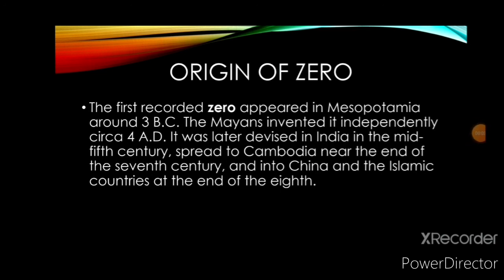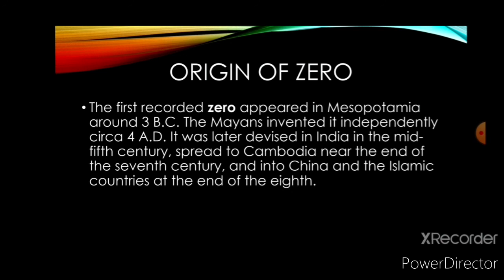Now we are on to the slide of the origin of 0. The first recorded 0 appeared in Mesopotamia around 3 BC, and the Mayans invented it independently around 4 AD.